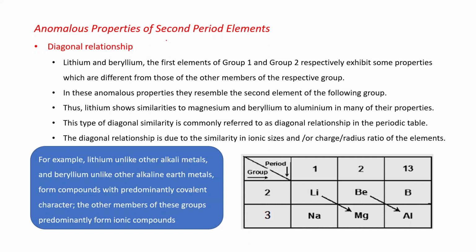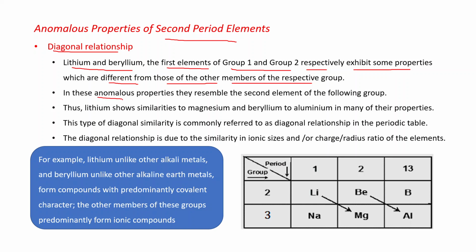Anomalous properties of second period elements. First, we will discuss the diagonal relationship. Lithium and beryllium, the first elements of group 1 and group 2 respectively, exhibit some properties which are different from those of the other members of the respective group.